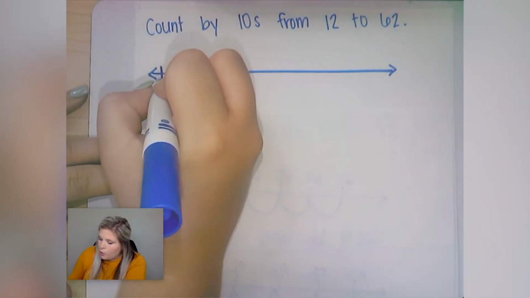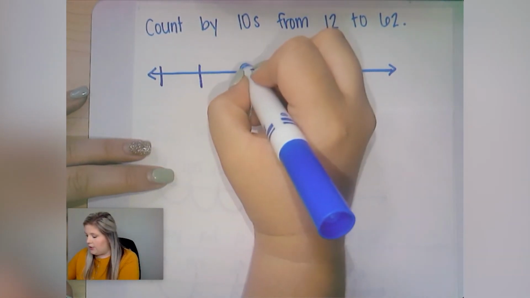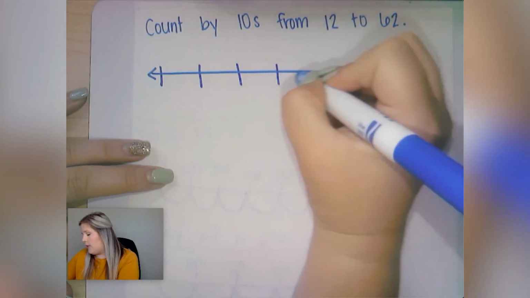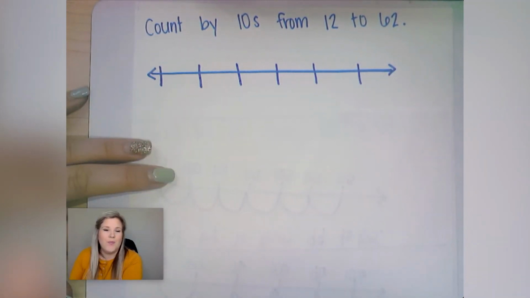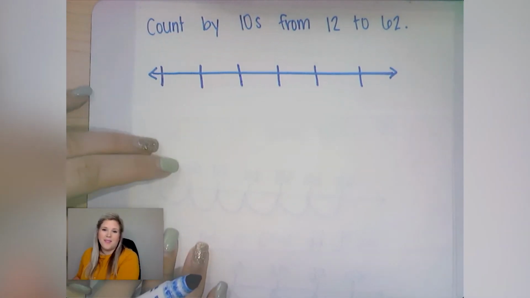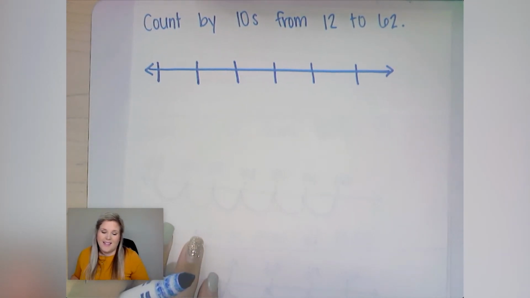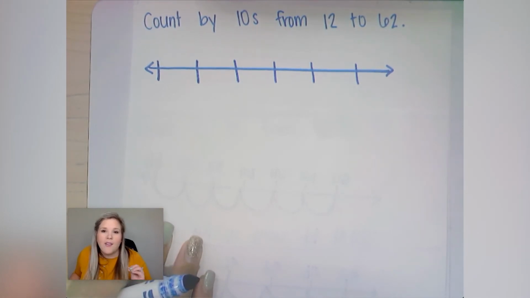So there's 12, 22, 32, 42, 52, 62. Do you have your counting marks drawn too? Excellent. Your number lines look fantastic.